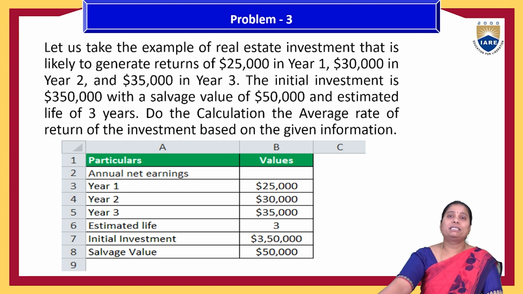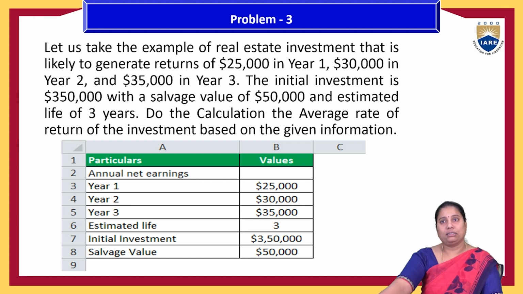And the third problem, let us take the example of a real estate investment that is likely to generate returns of $25,000 in the first year, 30,000 in year 2 and $35,000 in year 3. The initial investment is $350,000 with a salvage value of $50,000 and an estimated life of 3 years.